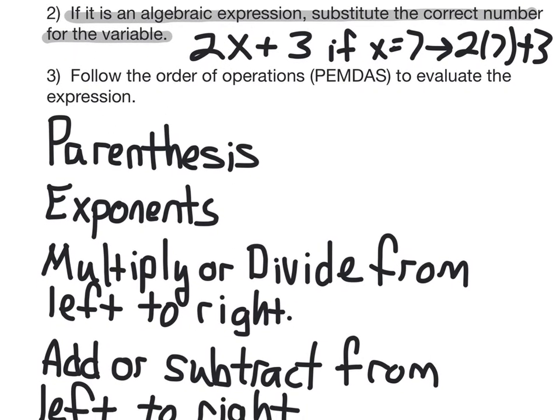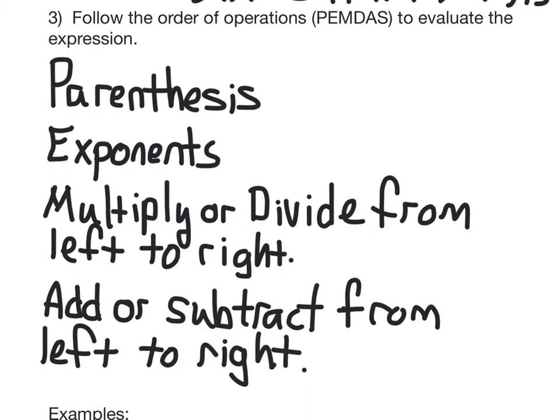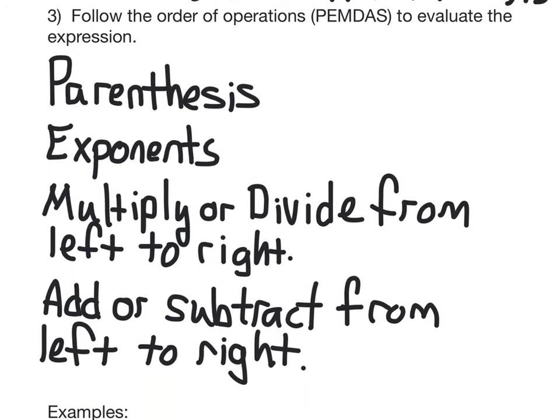After you have a numerical expression, you're going to follow the order of operations: Please Excuse My Dear Aunt Sally. The P in PEMDAS stands for parentheses. That's the please. E is for excuse. E stands for exponents.